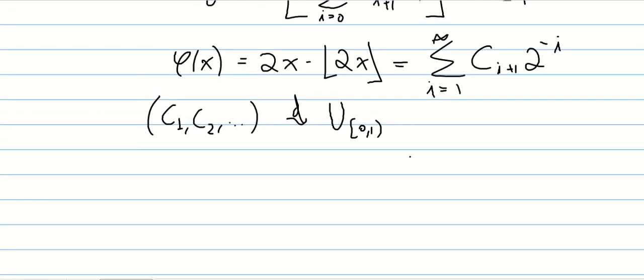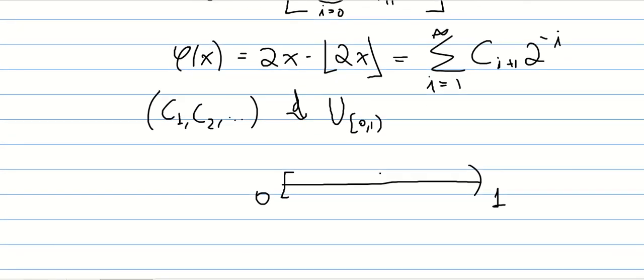We have this interval 0, 1, and the first coefficient measures if you are before 1/2 or after 1/2. So the distribution of C1 is (delta 0 plus delta 1) over 2. You have probability 1/2 to be in the left interval, in which case C1 will be 0, and probability 1/2 to be in the right, in which case C1 is going to be 1.